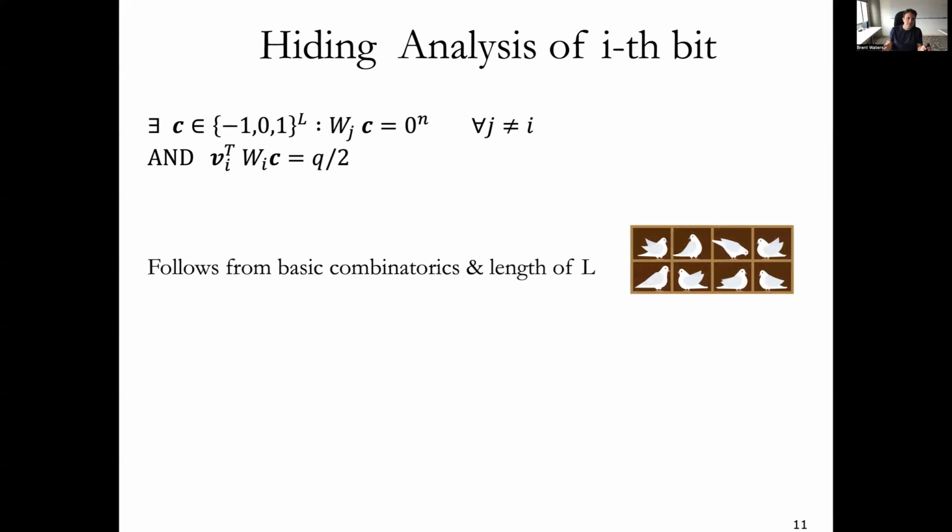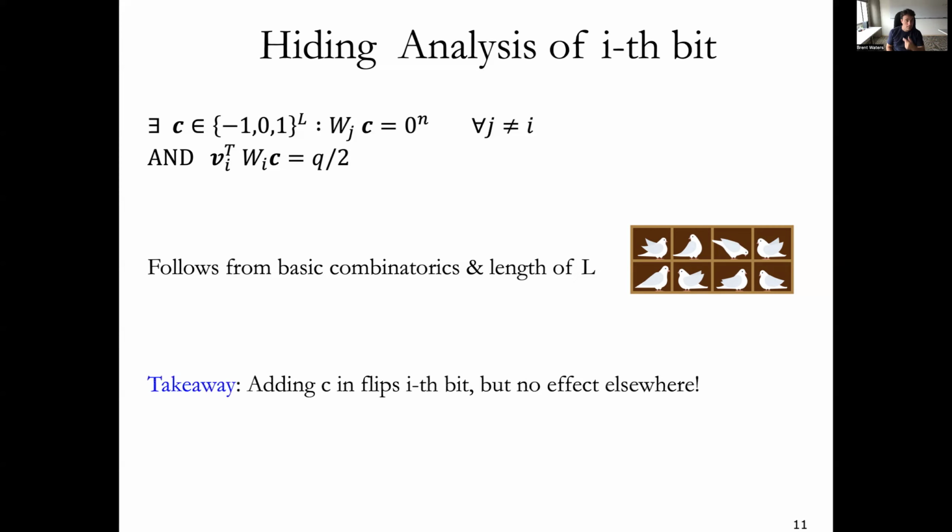Now, showing this is actually not too hard. We can do it from basic combinatorics, pigeonhole principle type arguments, and the fact that L is very big. The fact that L is much bigger than M is important for proving that such a vector will exist with high probability.